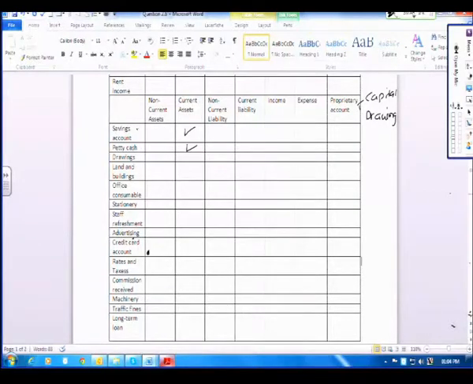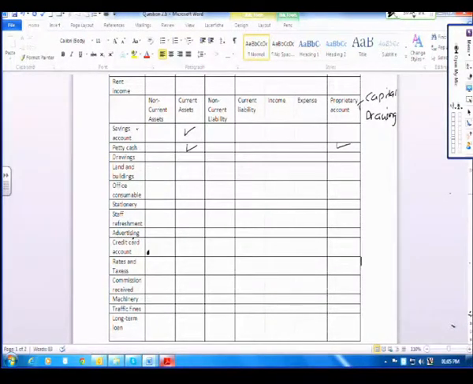So our drawings will go to the proprietary account, which is below. Our drawings will then belong to our proprietary accounts.